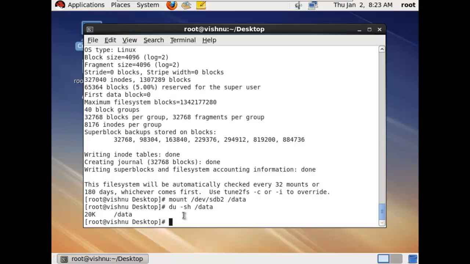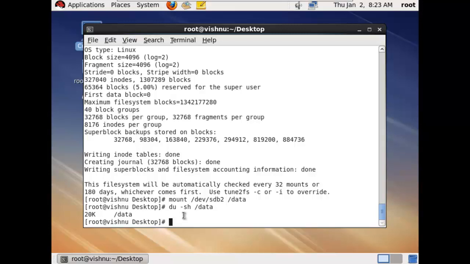But if you restart your system, then this SDB2 will automatically get unmounted, and whatever data you keep inside this data named folder will not get stored in SDB2, but will get stored inside that SDA2, which is the by default created PV, or you can say inside the root volume.